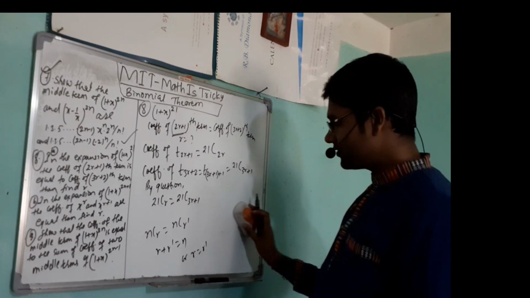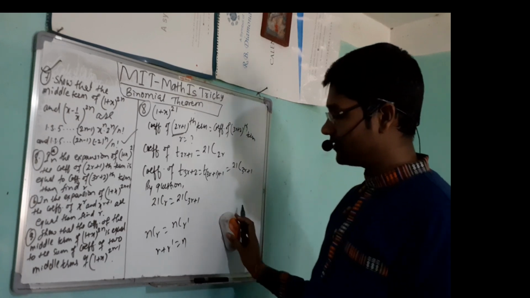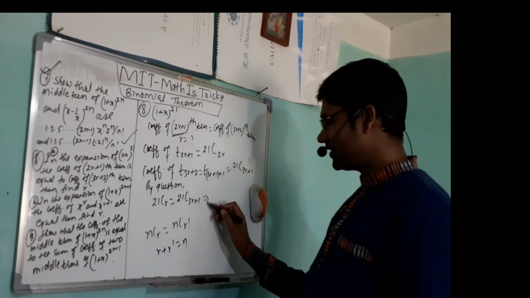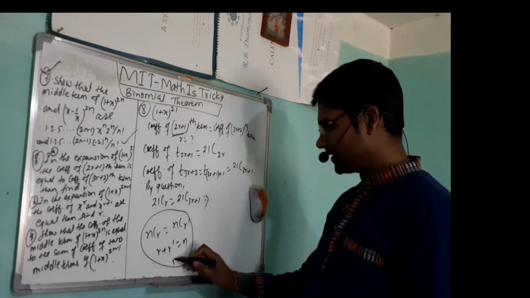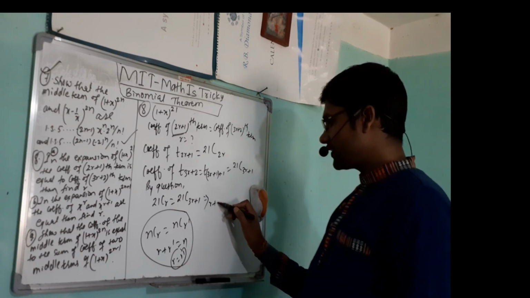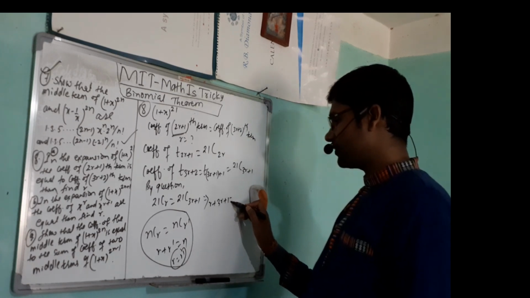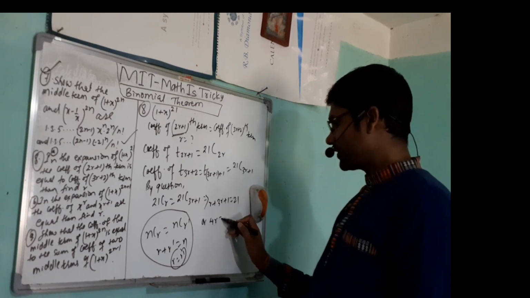So we'll use the another condition, r plus r dash equals n. So what will we get if we use this result? In this case we are not going to use the second one. So 2r plus 3r plus 1 equals 21, which gives 5r equals 20.